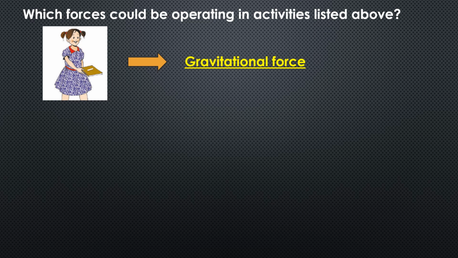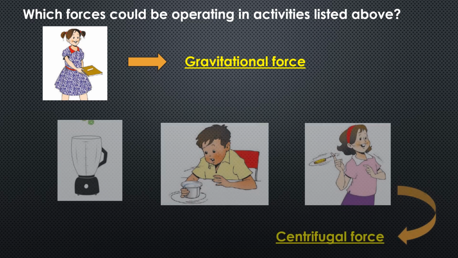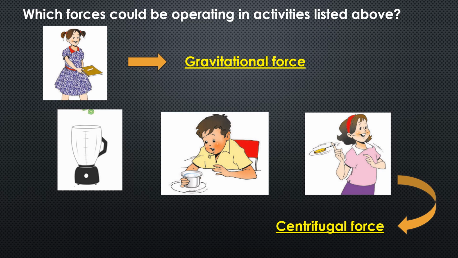In the first chalk and notebook activity, we have the Earth's gravitational force working. In the activities of the mixer, a glass of water, and a key ring, we have the Earth's centrifugal force working.